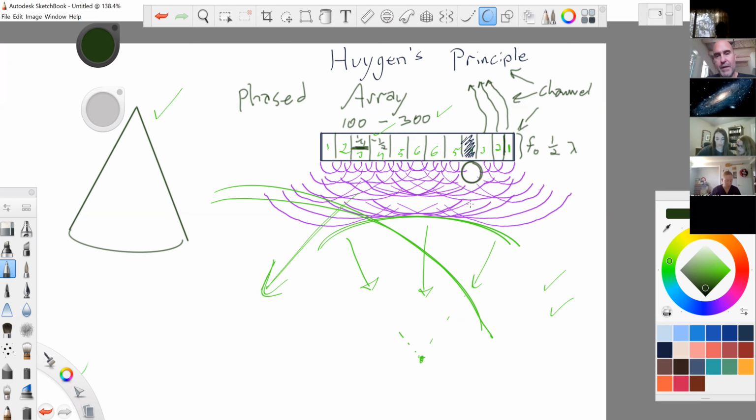But with the other 100 or 300 elements that are working, you don't even notice it, because all those other waves are going to constructively interfere with each other, and the fact that we're missing one right here is barely going to be noticeable. However, the book does say inconsistent or erratic beam steering and focusing can occur. I'm sure it can. So far it hasn't with ours, but I'm sure it can.